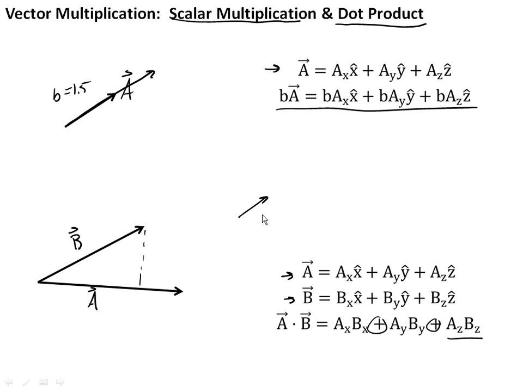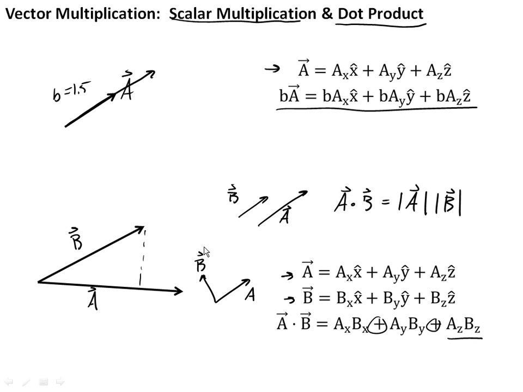But generally what happens is if B and A, let's draw A to be a different length here just to be a little bit more consistent, if B and A are pointing in the same direction, then A dot B is just equal to the magnitude of A times the magnitude of B. If B and A are in orthogonal directions, so A's that way and B's at 90 degrees to it in some coordinate system in space, then the dot product is equal to 0.